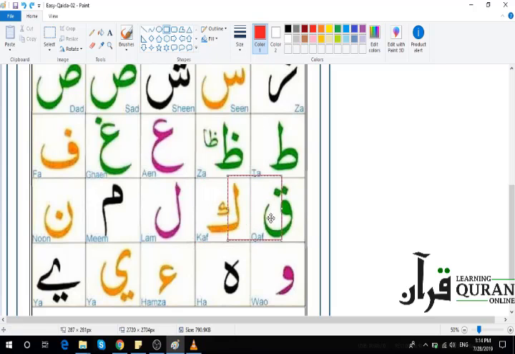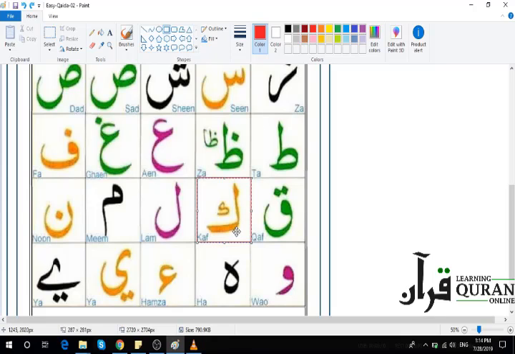So always make the difference between these two letters. The first letter is Qaf and the next letter is Kaf. Qaf and Kaf. I hope you understand. I will teach you the huge difference in translation later.